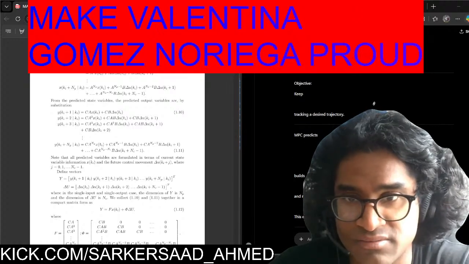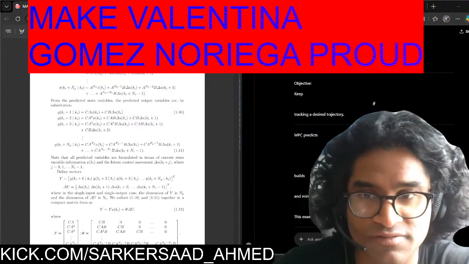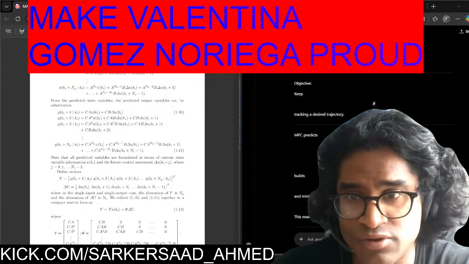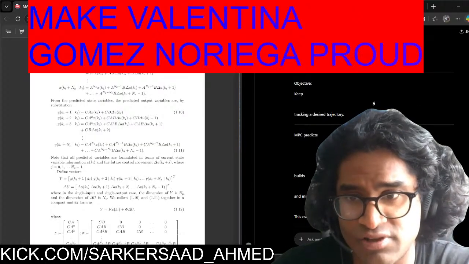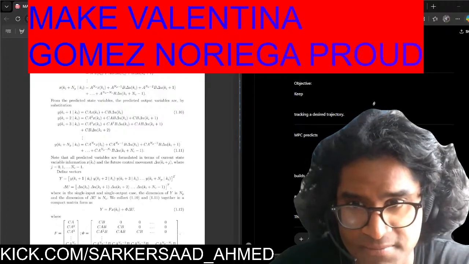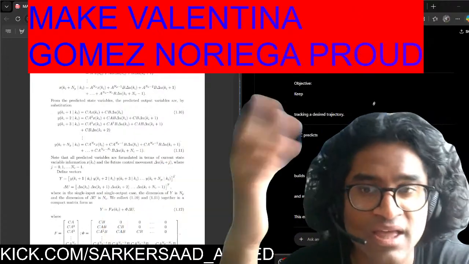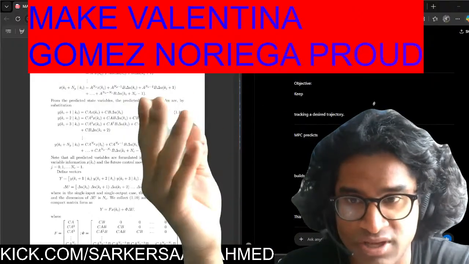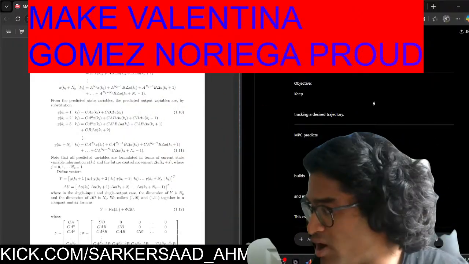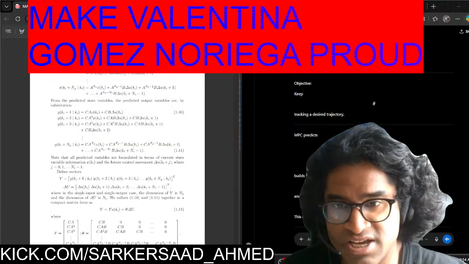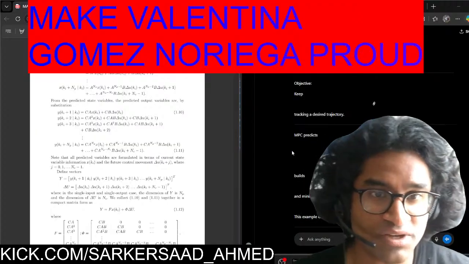Our objective is to keep theta and track a desired trajectory. The MPC will predict x of k plus 1 given k, x of k plus 2 given k, x of k plus 3 given k, will build y is equal to F of x plus phi delta u, and minimizes J is equal to that equation.